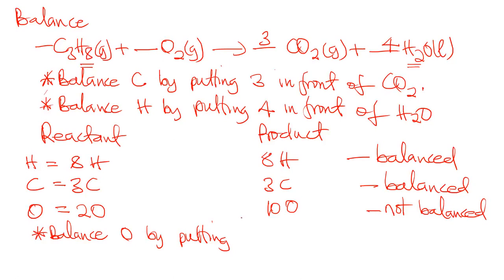So balance oxygen by putting 5 in front of O2. So we are going to put 5 here. So let me just rewrite the equation. So the balanced equation is C3H8 plus 5 oxygen.